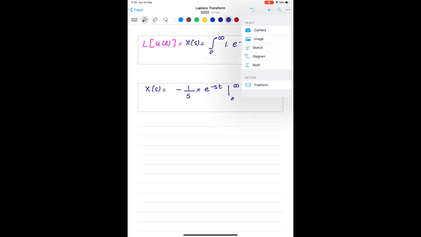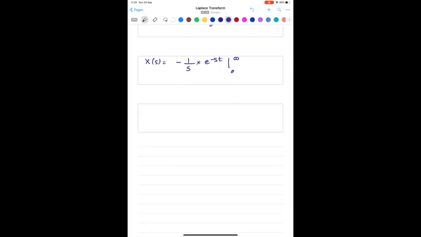So now when you put the upper limit, when t is equal to infinity, e raised to the power minus s infinity must be equal to 0 in order for this to converge. And for that you need to have s greater than 0. So x of s is equal to 1 upon s.